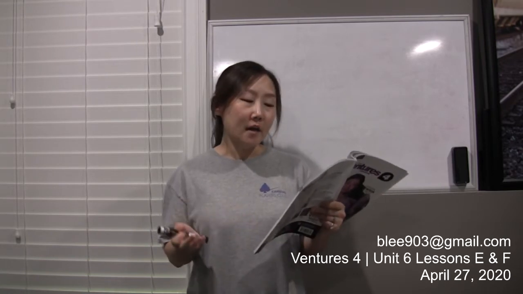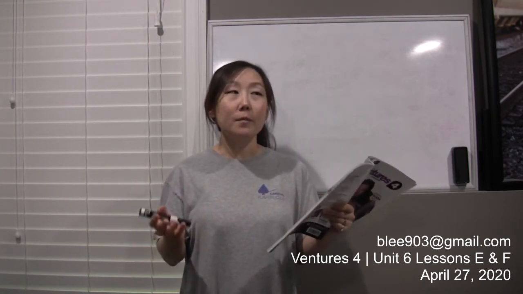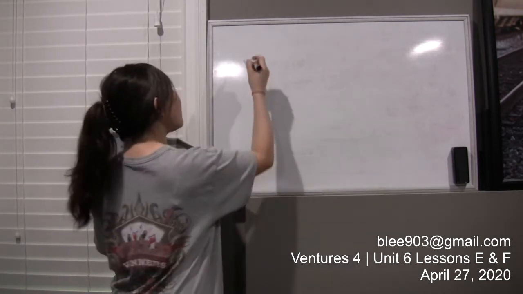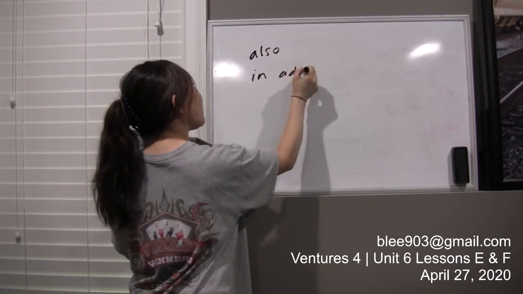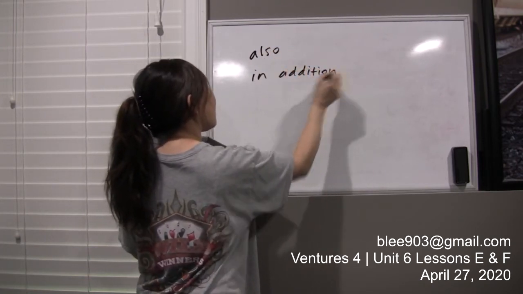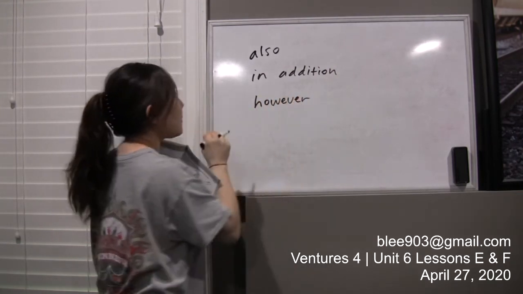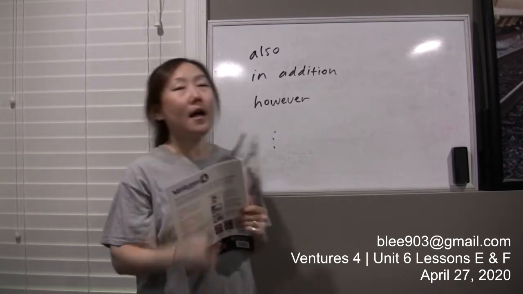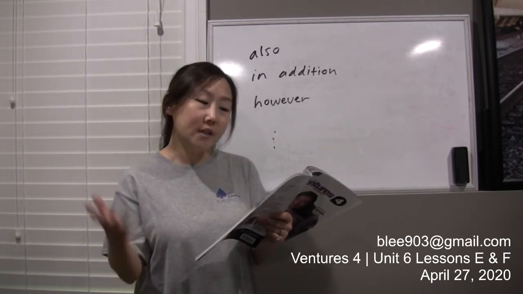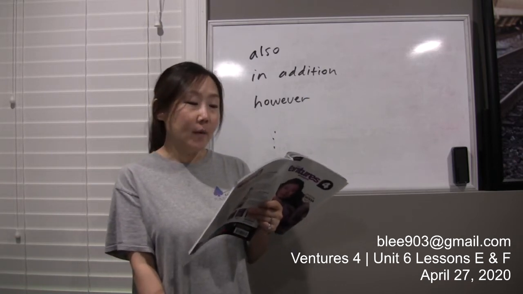And since we are talking about the advantages and disadvantages of smartphones, it would be good to include some transition words like also, in addition, and however. So there are some more as well, but for example, you could say, you can look up information on the internet anywhere.